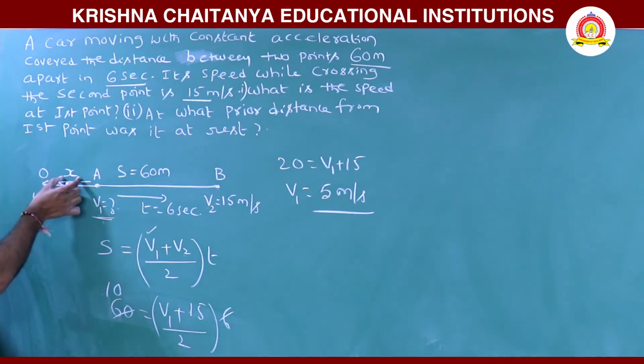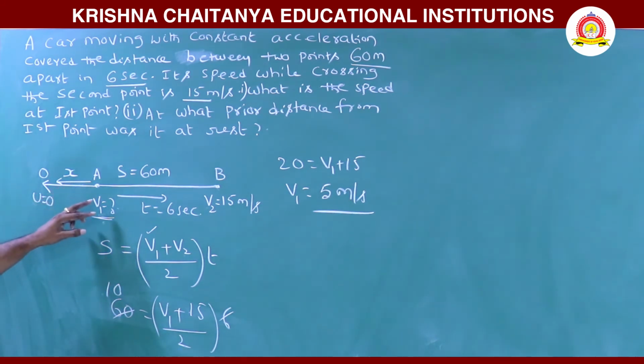Now you have to find out x. So again here you have v square minus u squared, 2as, x unknown, a unknown. Of course you know v and u. Now here you have a chance.